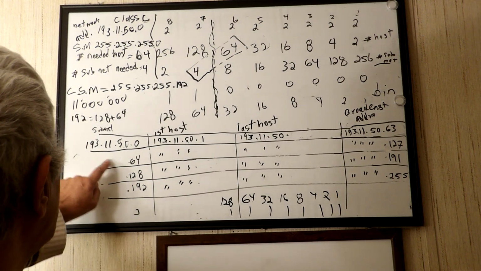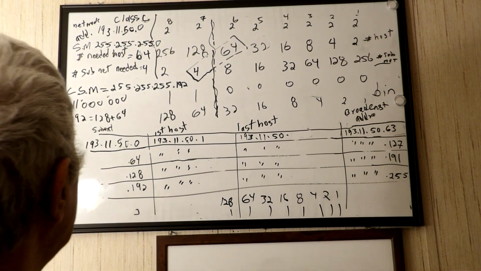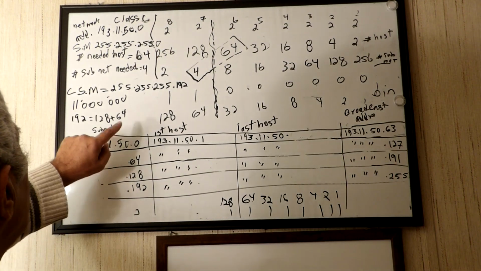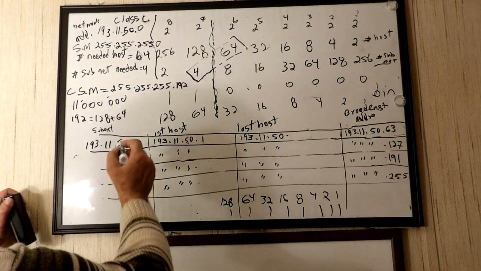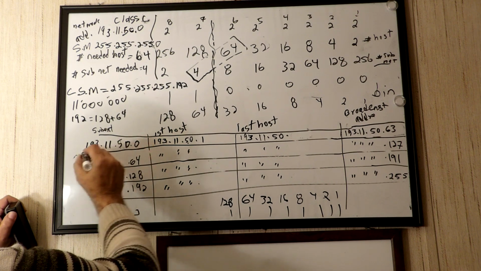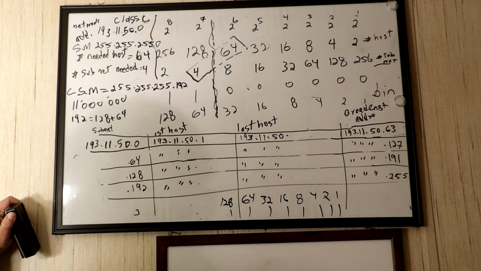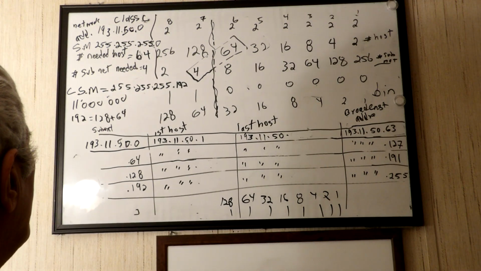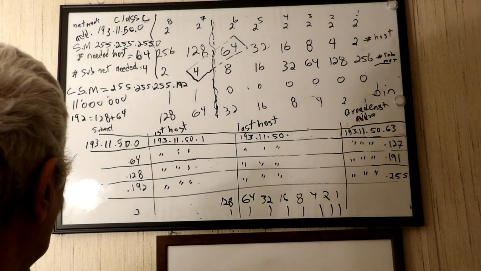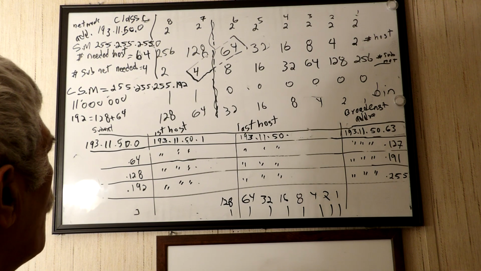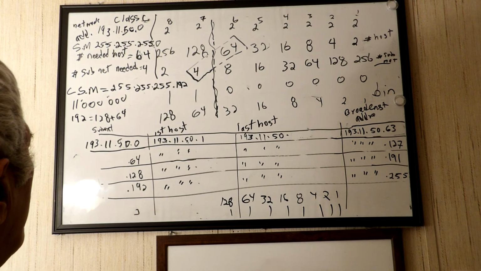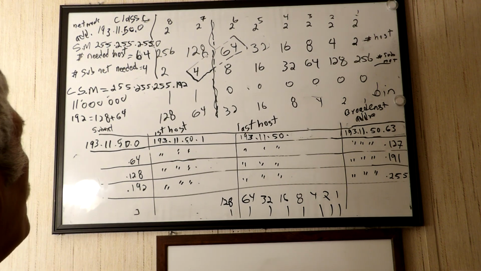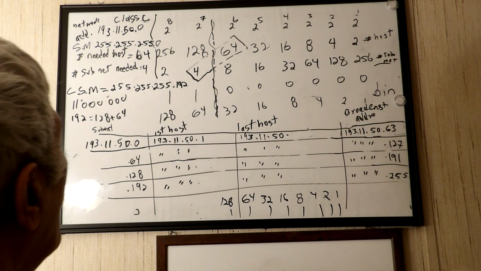So there we have 4 subnets. How did we get it? See, you start from 0. 193.11.50.0 is a network address. Now, for each subnet, you have 64 hosts.